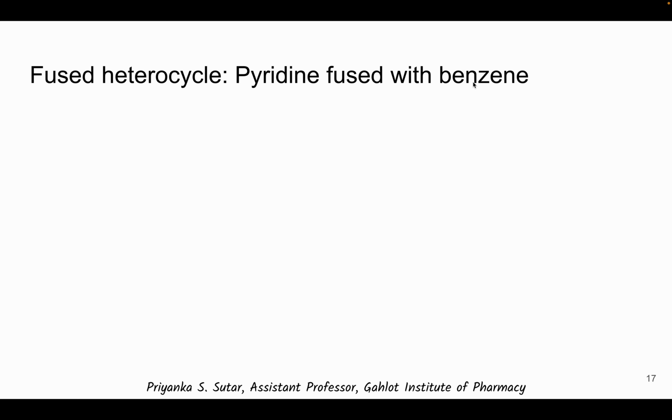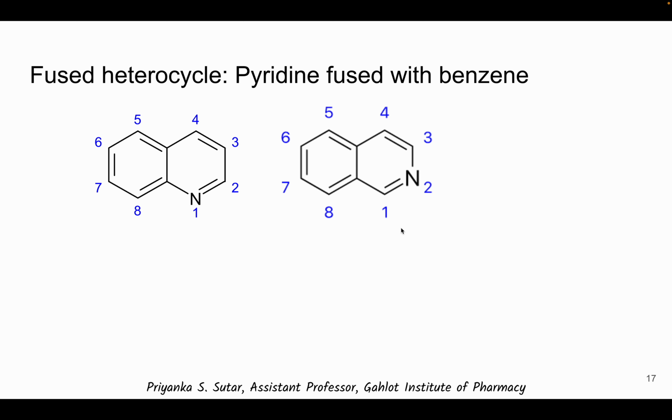Depending upon the structure, this structure is called a pyridine, and particularly this structure is called a quinoline, and the second structure is called an isoquinoline.